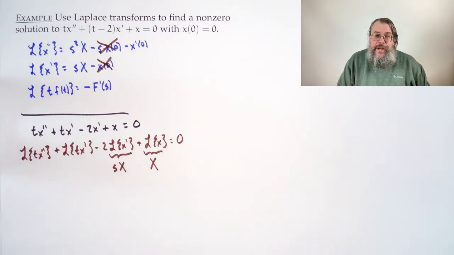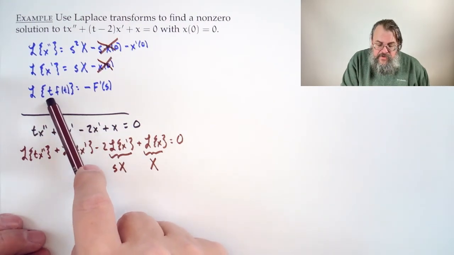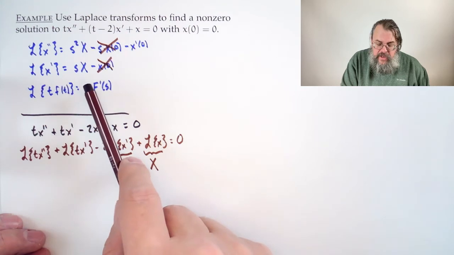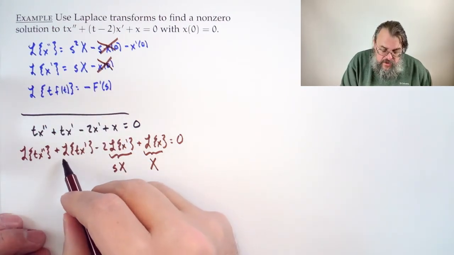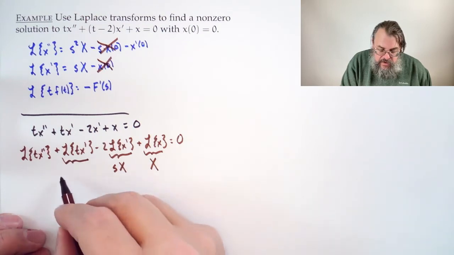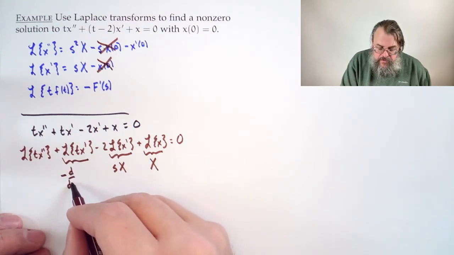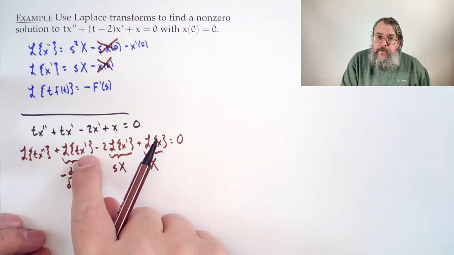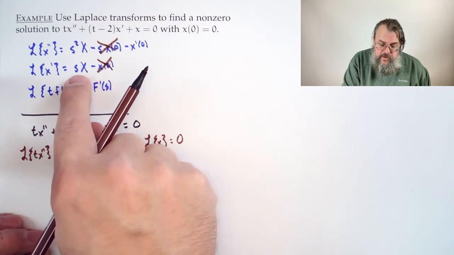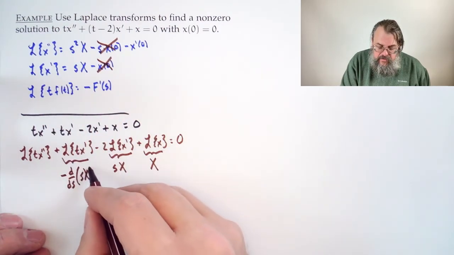t x prime. How do we handle that? Well, we have this rule that says, if I have t times something, then I take minus the derivative of what that would have been. So this part right here is going to become minus the derivative, I'm going to emphasize derivative with respect to s, of what would have happened if we just took the Laplace transform of x prime. Well, we know that. That would be sX.